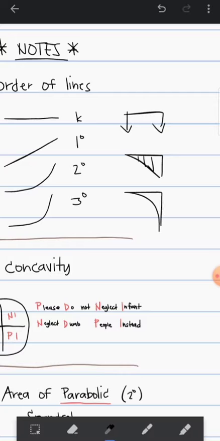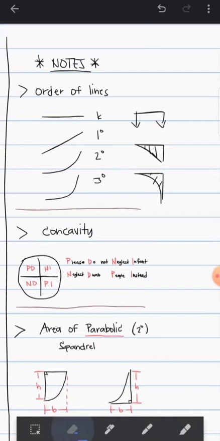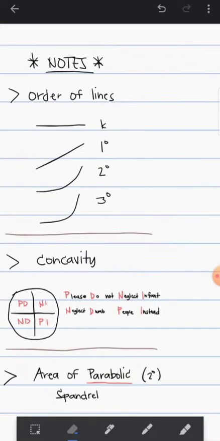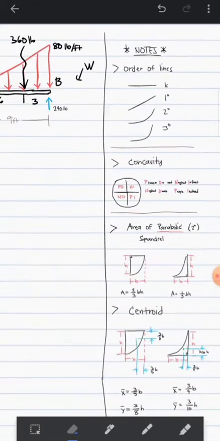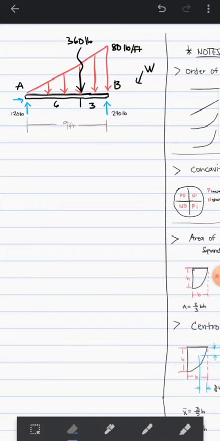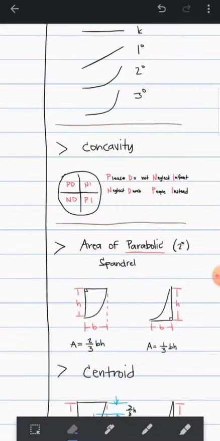Or if the shear is second degree, therefore the moment will become third degree. It's just the order of the lines. So if our loading is first degree, automatically the shear will become second degree and the moment is third degree. Next is concavity.